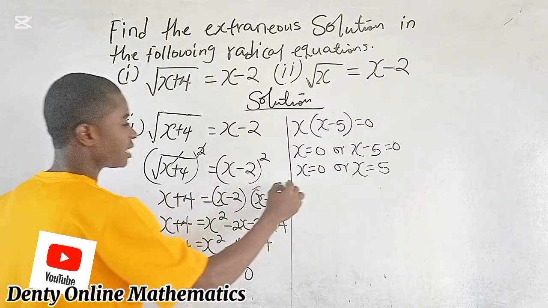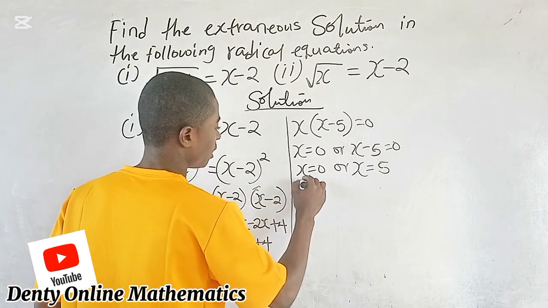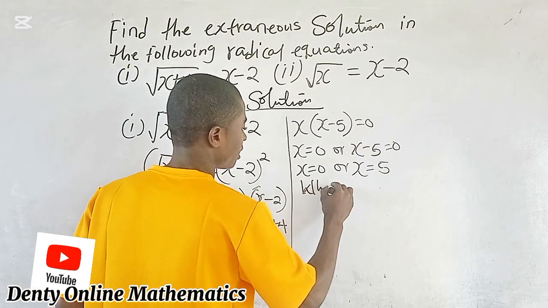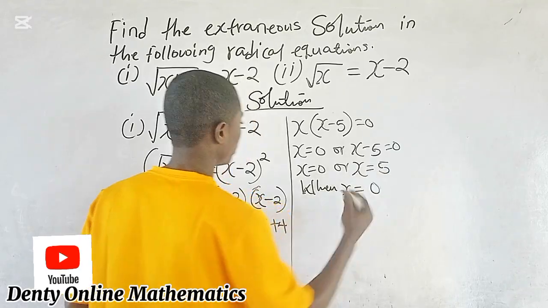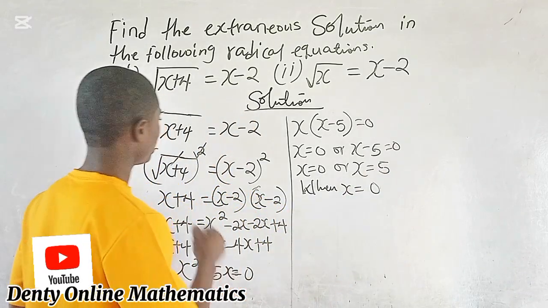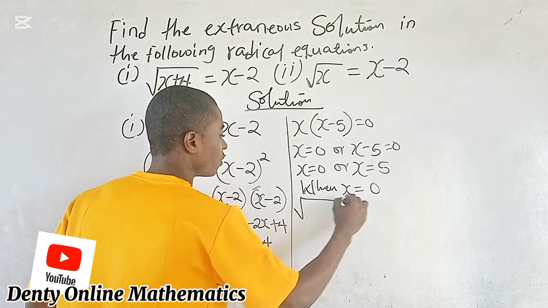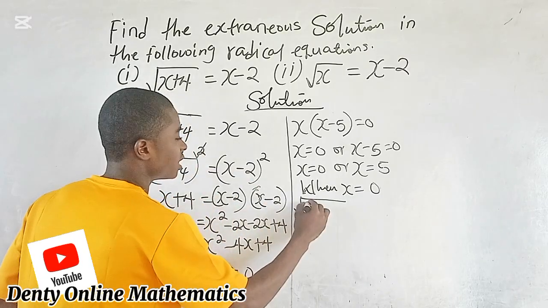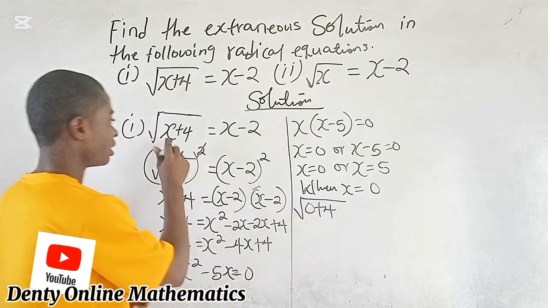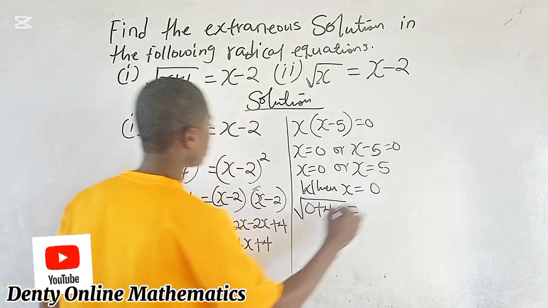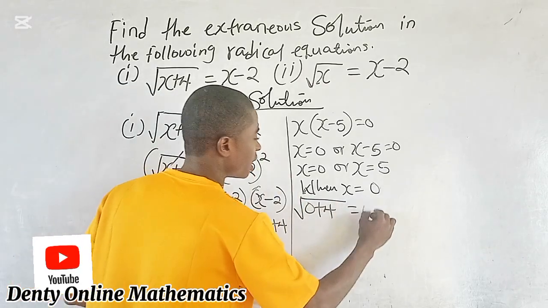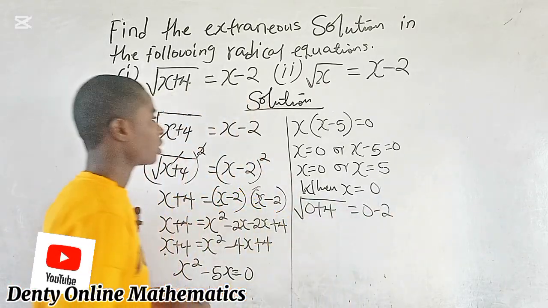Let's take 0. When x is equal to 0, let's check it. This will be the square root of, anywhere I see x, I'll put 0, plus 4, equal to x here, which will also be 0, minus 2.